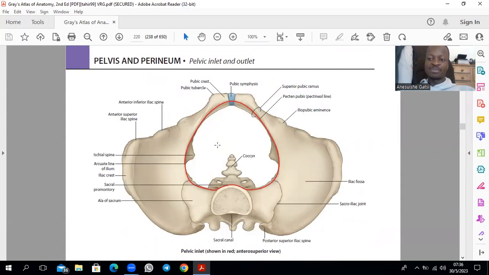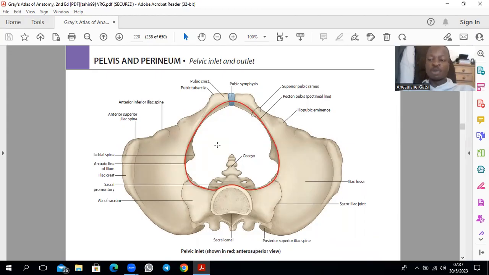And one of those differences has to do with the pelvic inlet, where we say in males, for example, this specimen there, the inlet is android or heart shaped. Then in females, it's oval in shape.